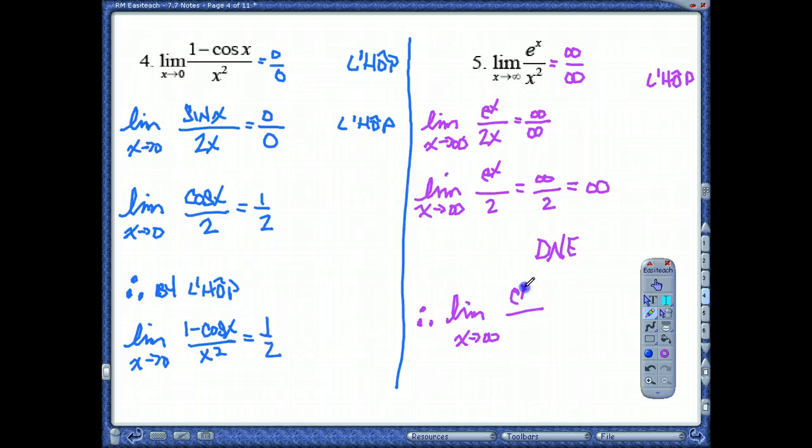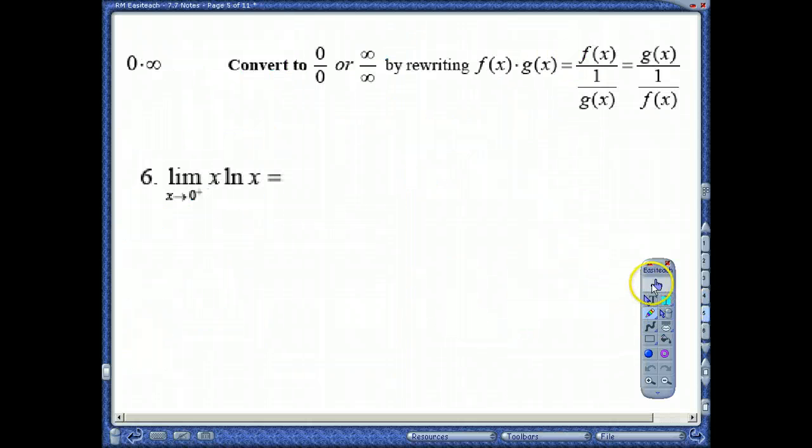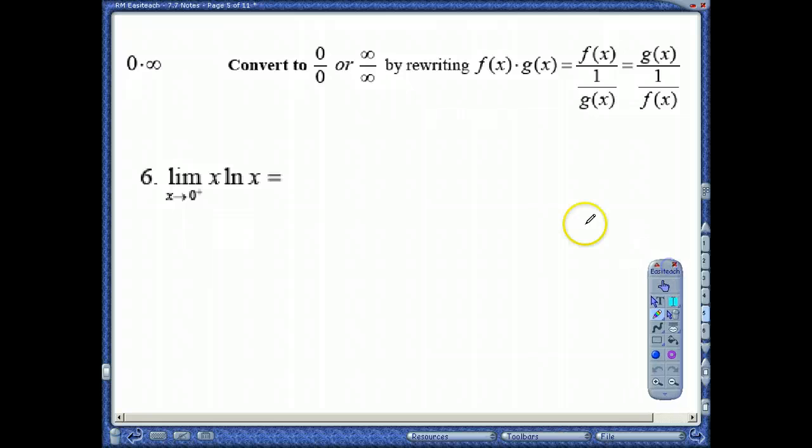Now, as I'm looking at these, remember how I showed you the 0 over 0, the infinity over infinity, and I said those forms you're going to work with more? Well, there's a reason why. When we look at our next form, the 0 times infinity, notice that's not a fraction anymore.